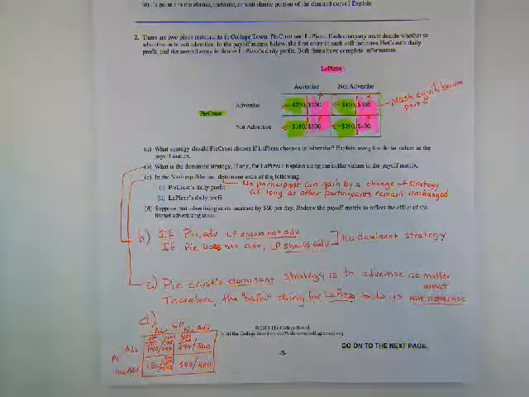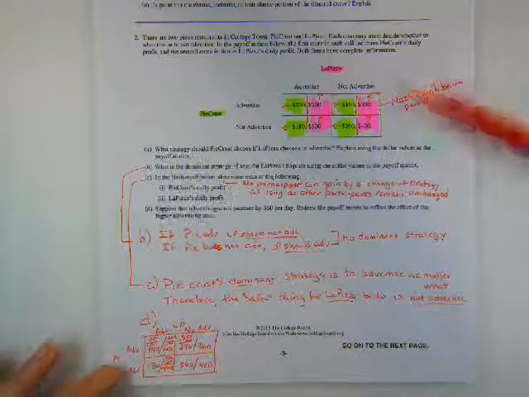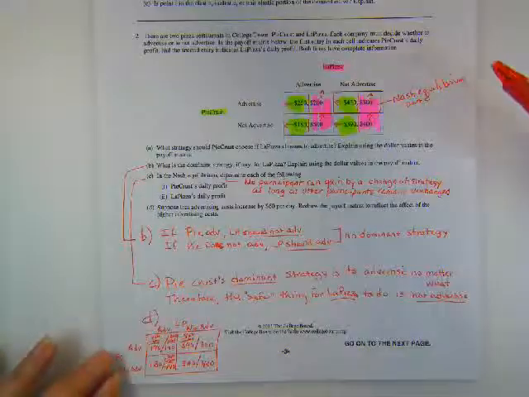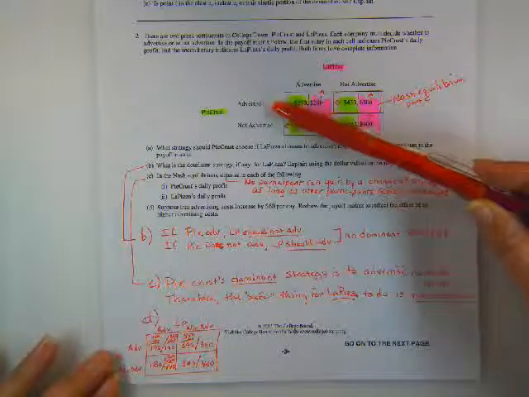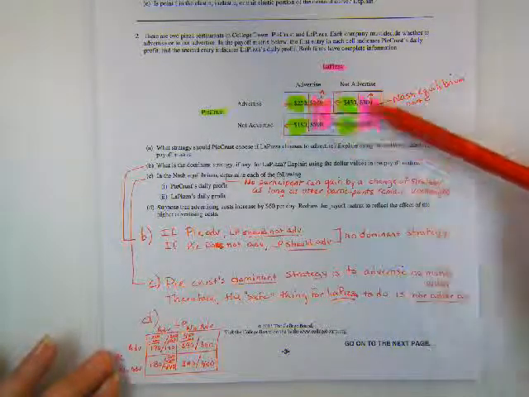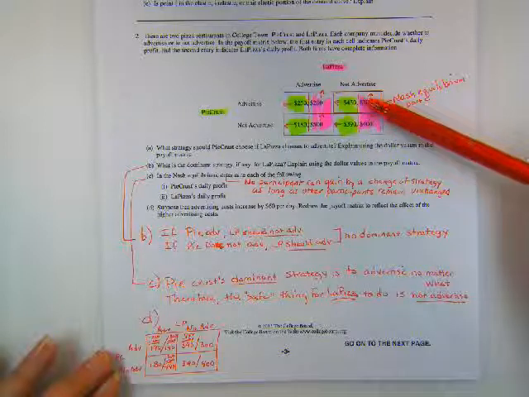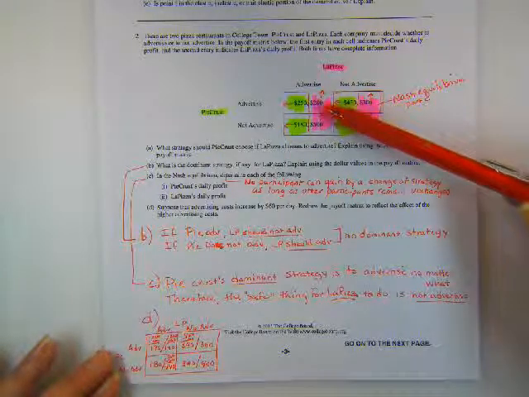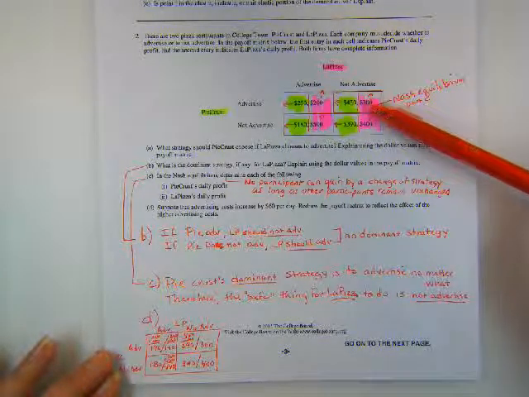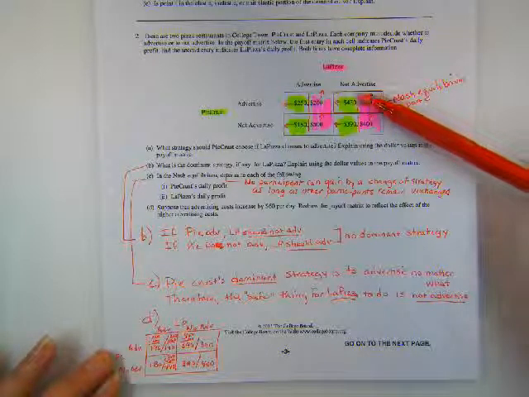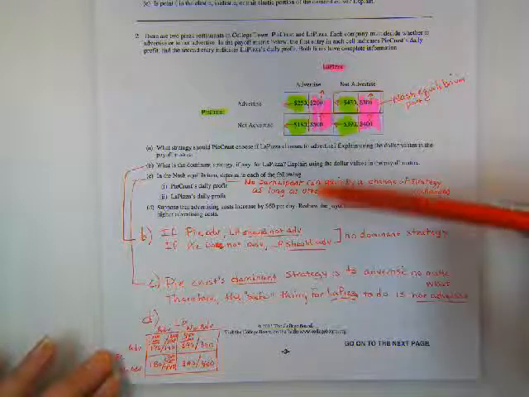Now, question B asks if La Pizza has a dominant strategy. Well, let's take a look at La Pizza's options. If Pie Crust advertises, so that would be this range, La Pizza makes more money if they do not advertise. They make $300 instead of $200.